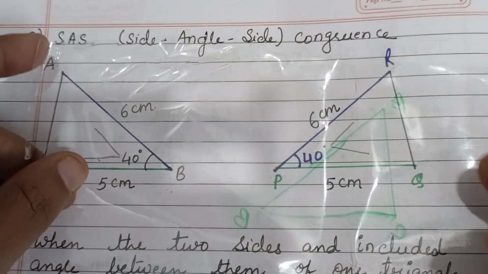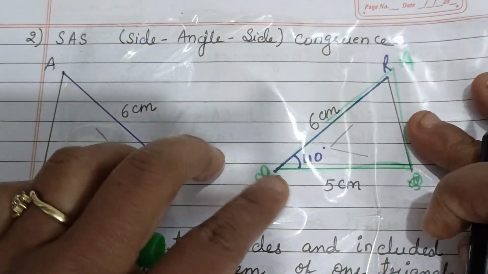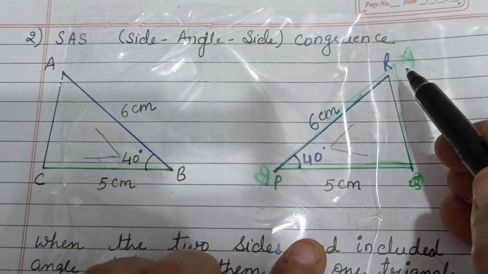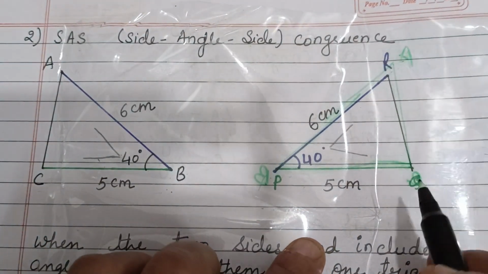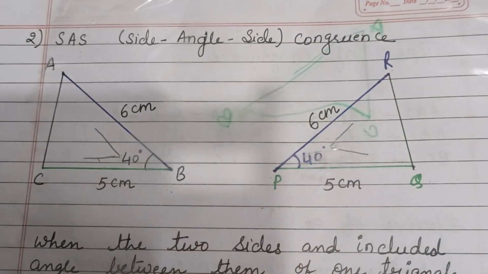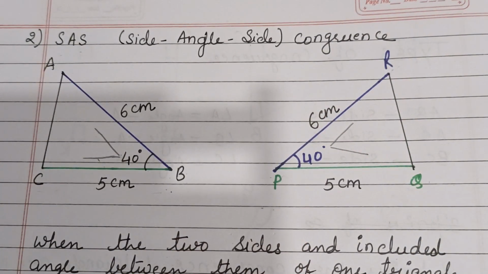But if I keep it like this, what I get is that Q is overlapping P, A is overlapping R, and C is overlapping Q. So how do I write the congruence relation in this case?